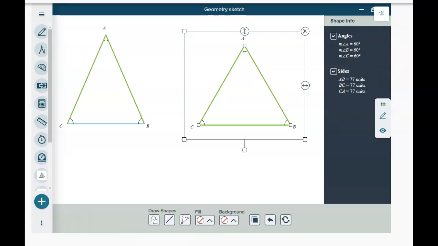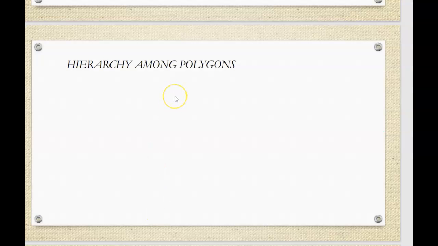So what we have here is there's a hierarchy among polygons. And so we're going to start with just polygons at the top. And we're going to start over here with the triangles. And basically there are two types of triangles to begin with.